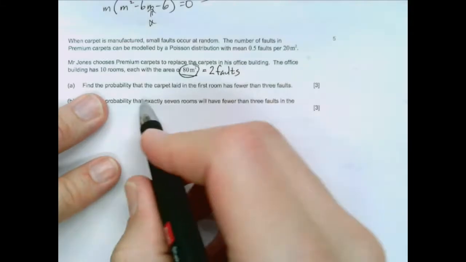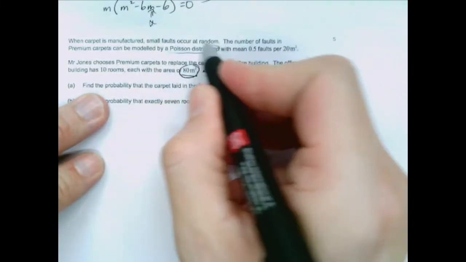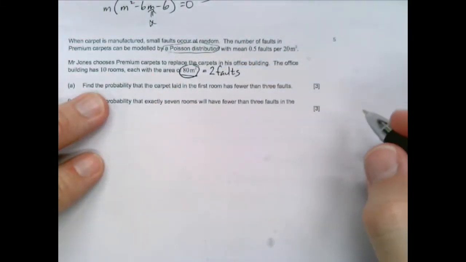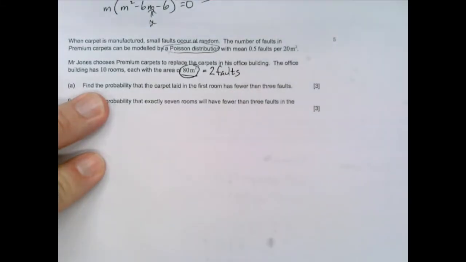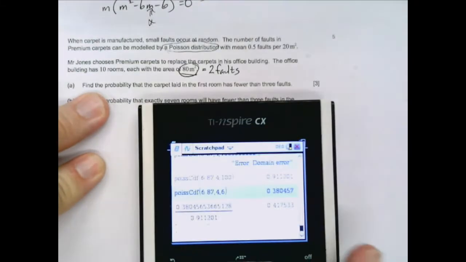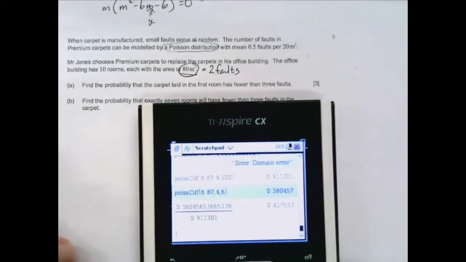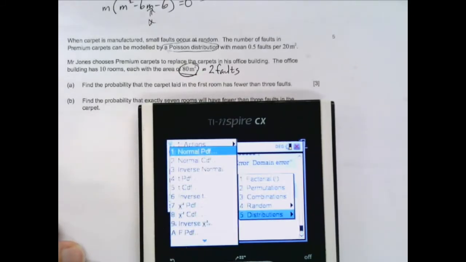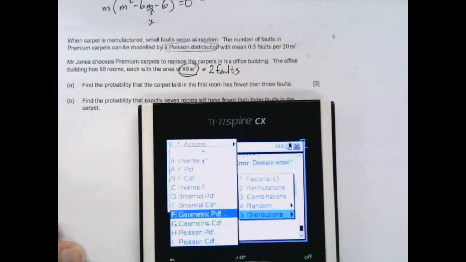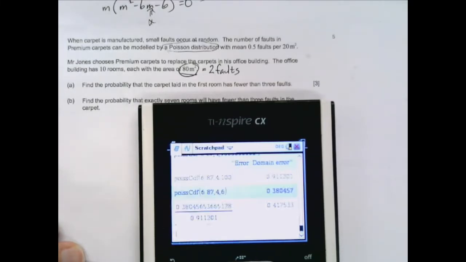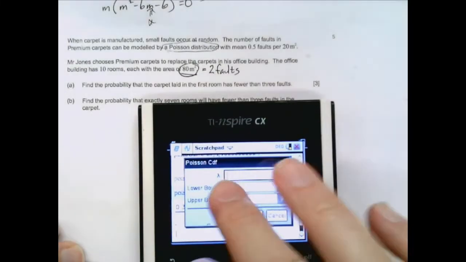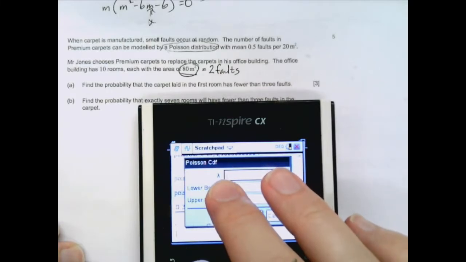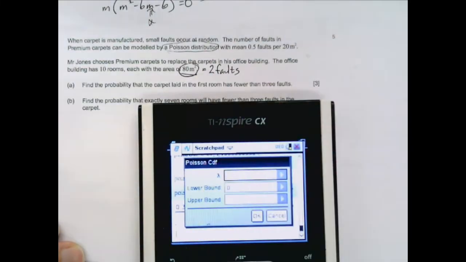Okay, now this says that it is a Poisson distribution, so I'm going to use the Poisson distribution, and I'm going to go for fewer than 3 faults. So here we go. We're going to go Poisson Cdf, so probability, distributions, and then Poisson Cdf right there. That's your M, your mean, which is 2 faults.